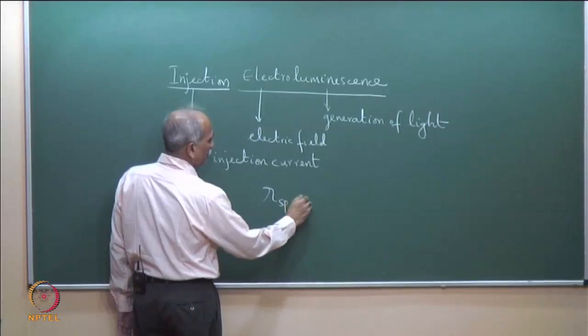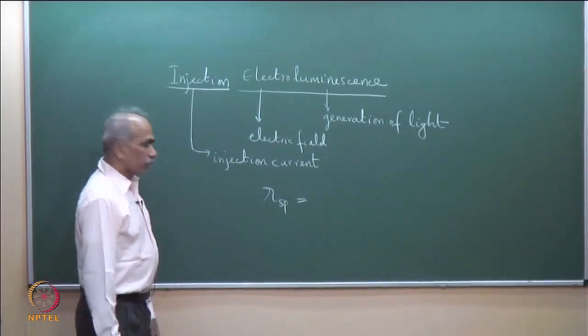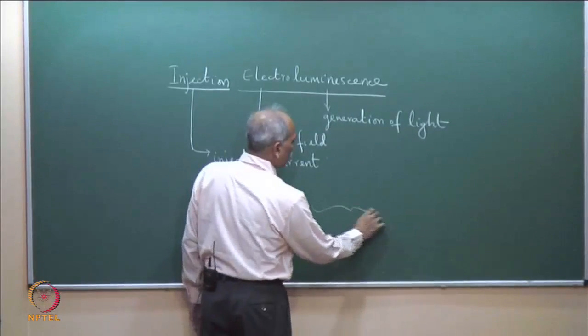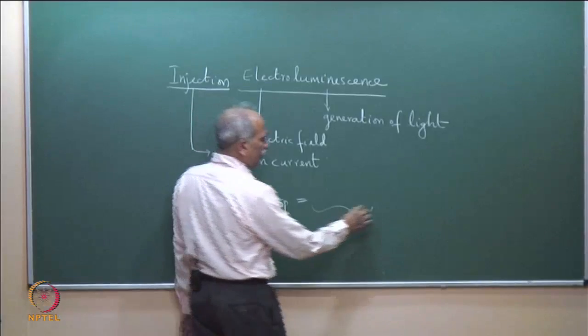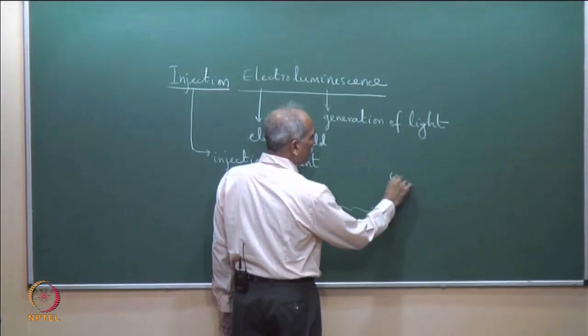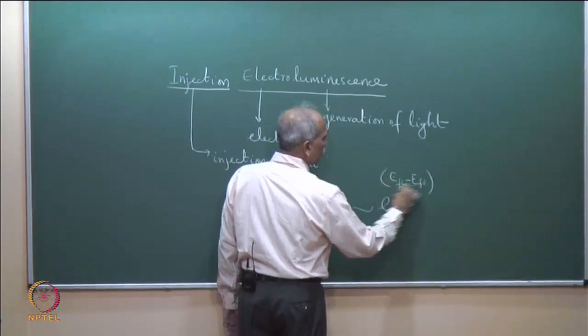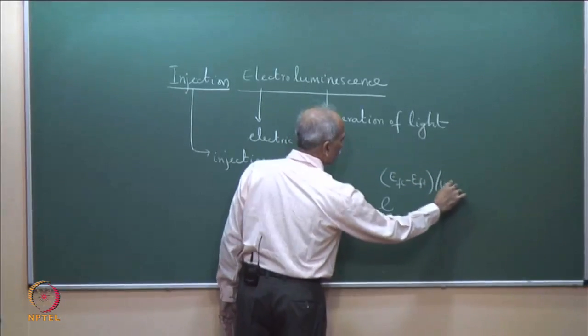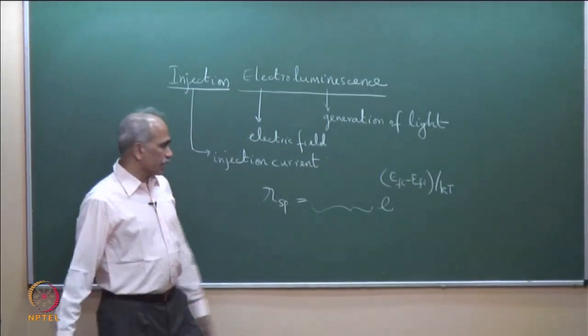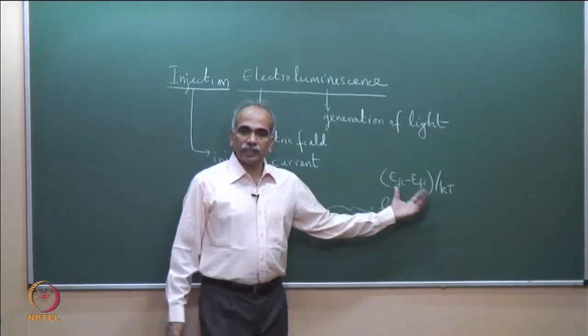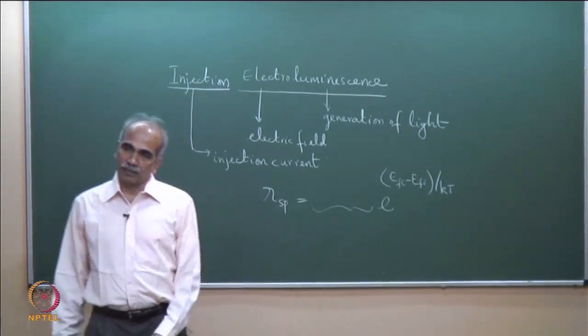We had an expression for the rate of spontaneous emission. Whatever expression that you had will get multiplied by e to the power (EFC minus EFV) by kT if you forward bias the junction, where EFC minus EFV is the separation between the quasi Fermi levels.